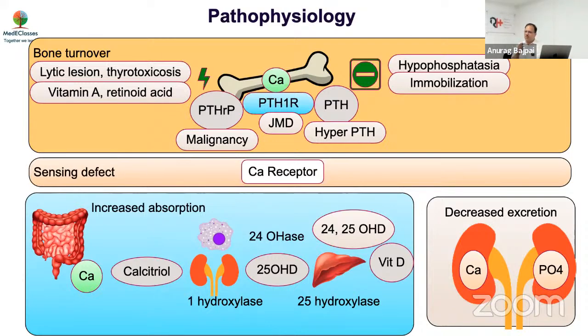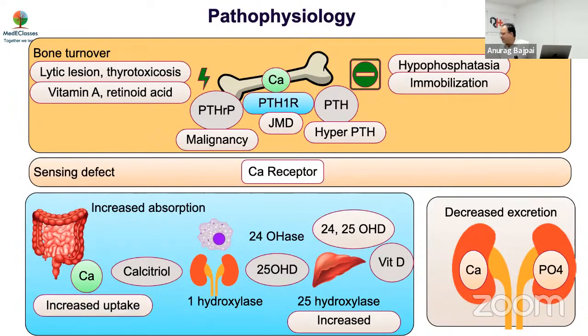An important thing to remember is that PTH related causes here will have low phosphorus levels, while bone resorption related causes will have a high phosphorus level. Now, the vitamin D related causes will again cause hypercalcemia with hyperphosphatemia.